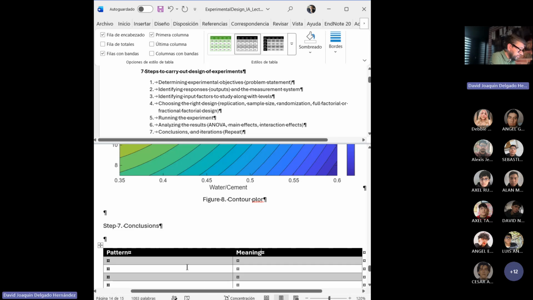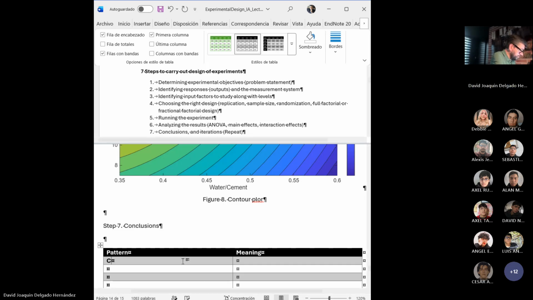Okay. So the curvature, that means that there is a nonlinear response. Perfect. The peak region or the maximum represent the optimal conditions.